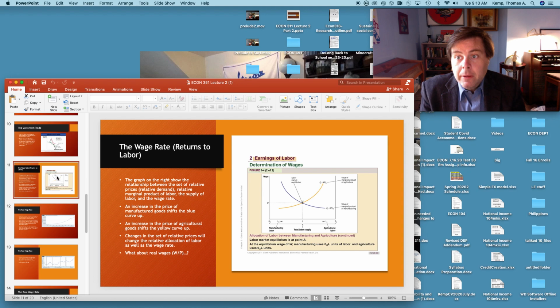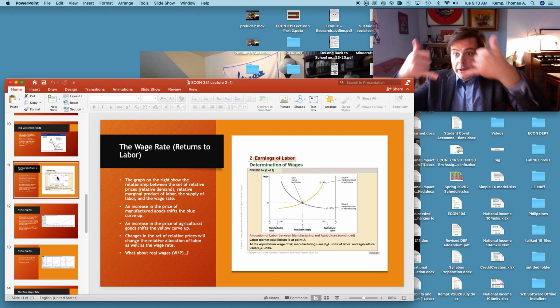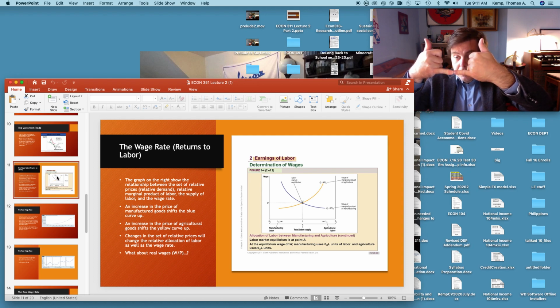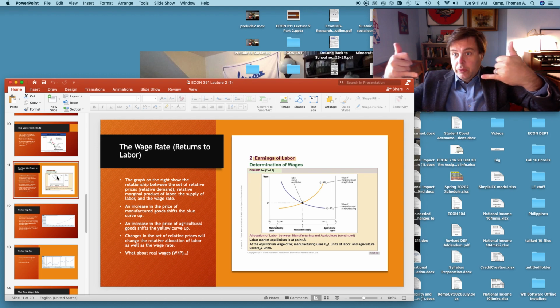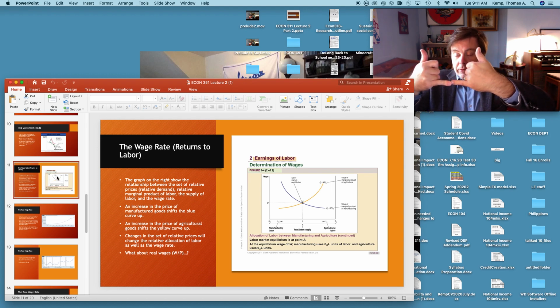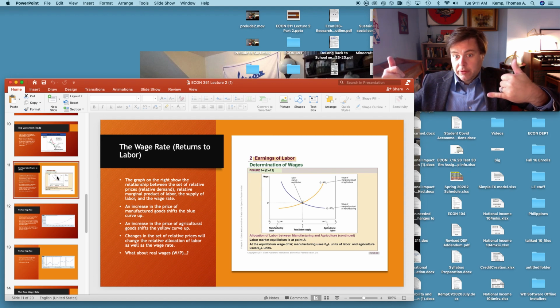All right. Now, the total horizontal distance on this graph is the labor supply. So, for example, if this country has more laborers, people move there or they just have more kids, then the axes themselves are going to shift apart. Okay, so as the real factors of production increase, that's going to happen.